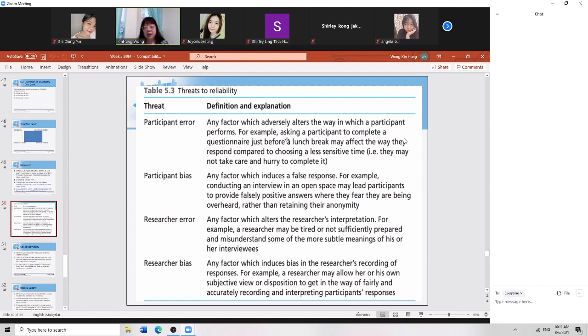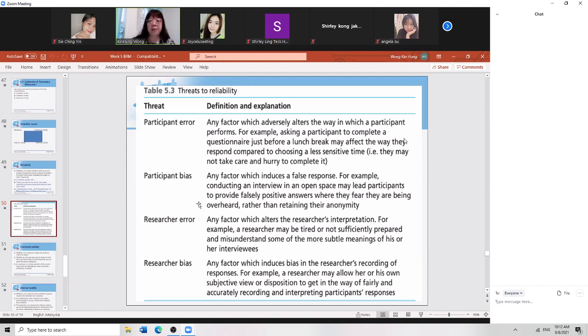If you ask somebody to do something during lunch break, they want to enjoy their lunch, so this may affect the way they respond. The participant did not answer the questionnaire properly, or simply does it because they're rushing for other matters. So this is participant error.